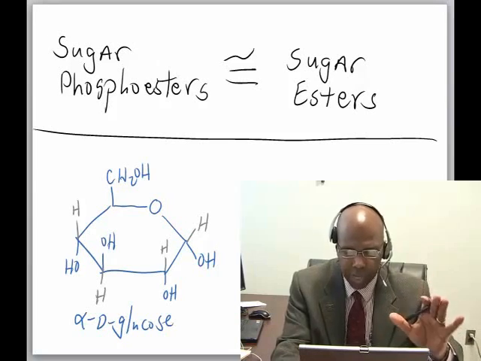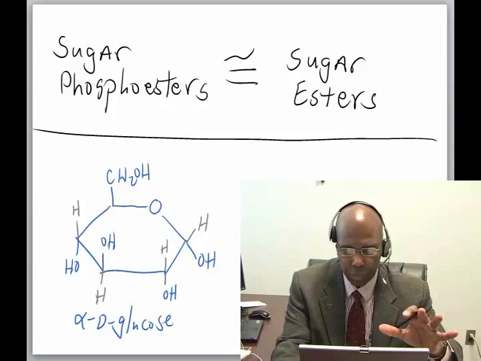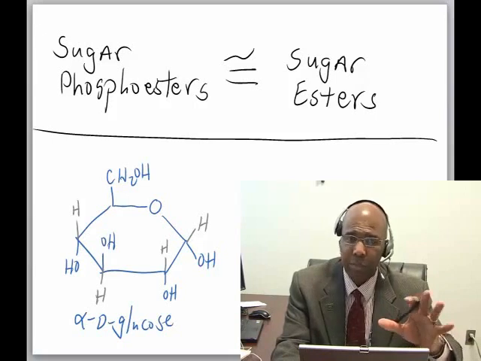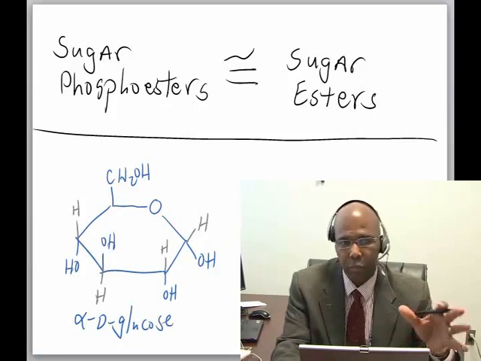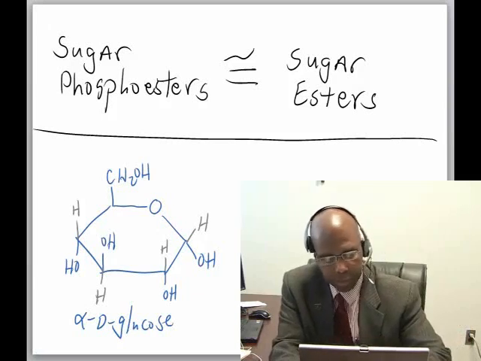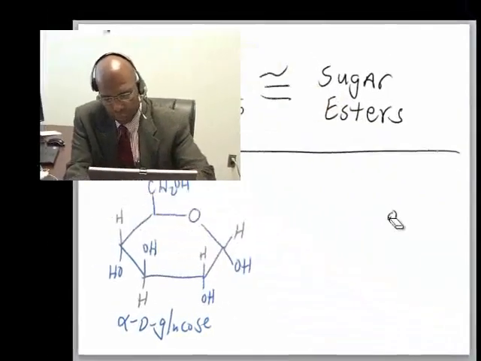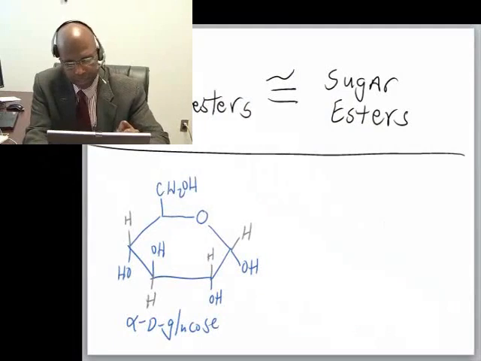And so what we're going to do now is add our phosphate to carbon 1. We're going to replace the OH and put our phosphate. So let's draw this here. I'm going to move that over just to make sure I have enough space.